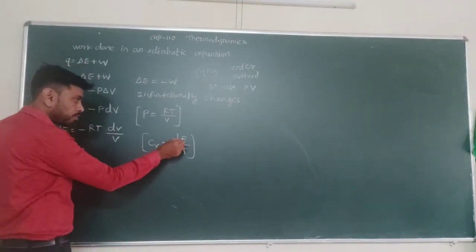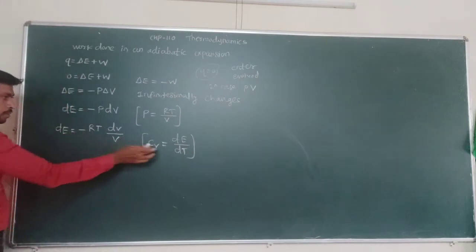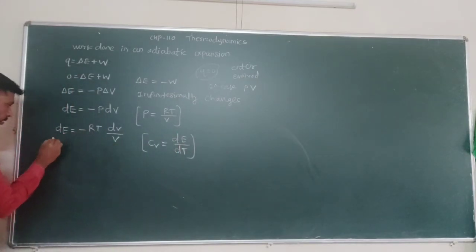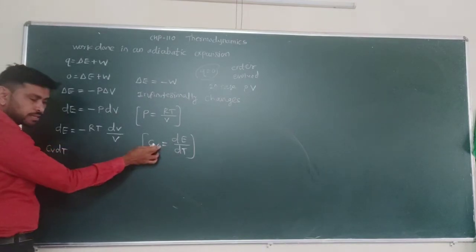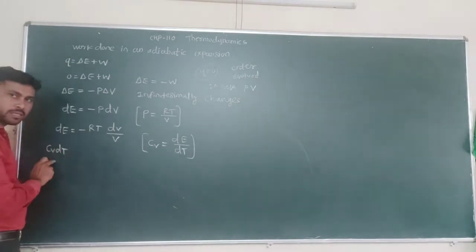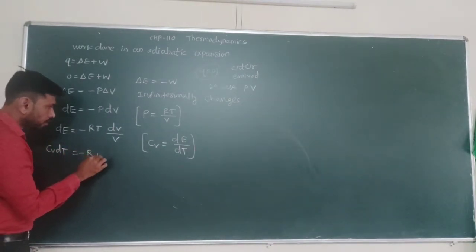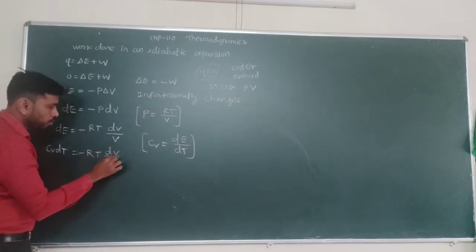And what is the value of dE then? dE equal to CV dT. So we replace dE by CV dT. So CV dT equal to minus RT dV upon V.